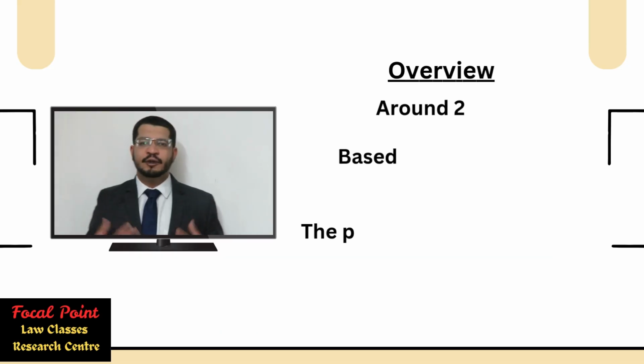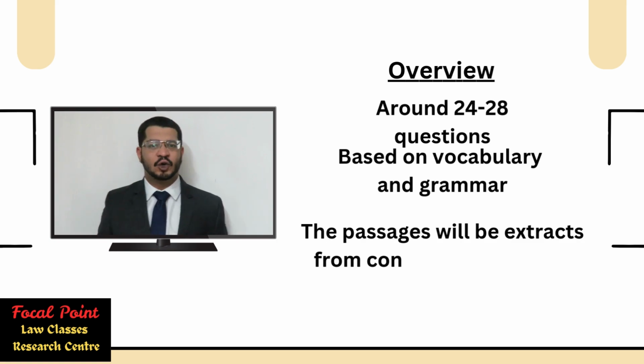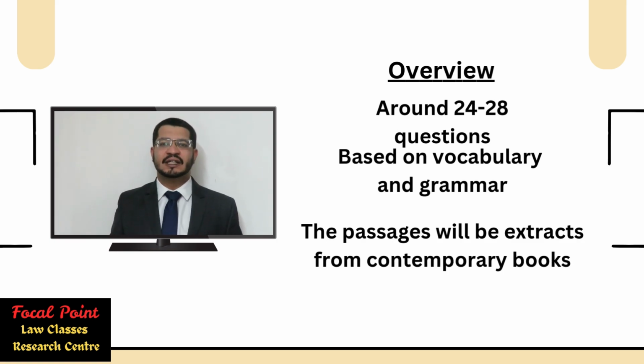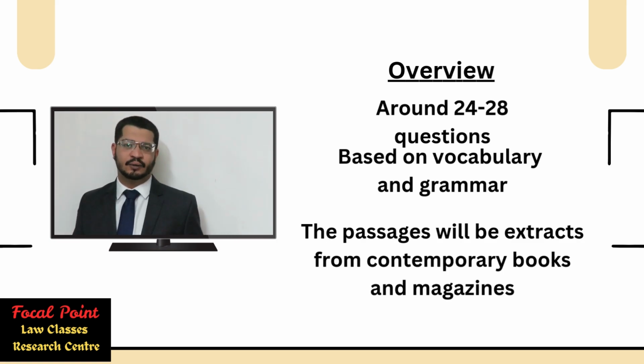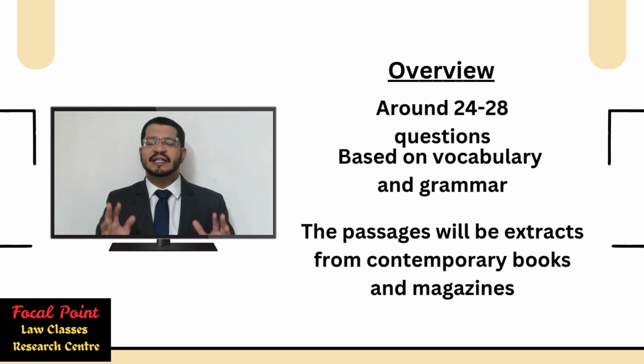Like always, before I share the specific tips and tricks in order to maximize your score in the English language section, let us try to get a brief overview of this section. So what are the kinds of questions which are covered in this section? The kinds of questions which are covered will be mainly based on either grammar or vocabulary.